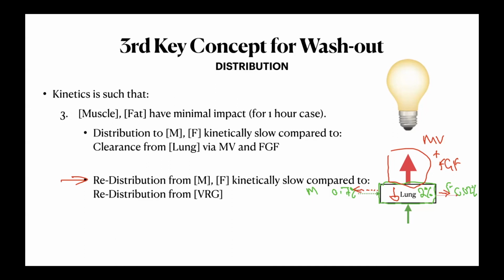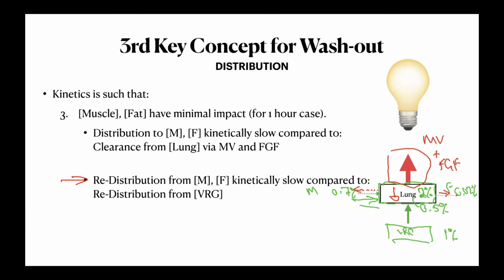What I mean is that you've got your vessel-rich group here, and when the percentage in the lung drops below the percentage in muscle, so let's say the lung drops down to 0.5%, now you've got a gradient from here to here, okay? And let's say this is at 1%.